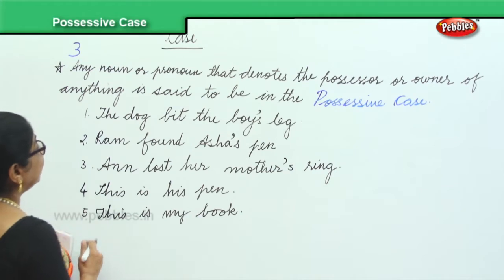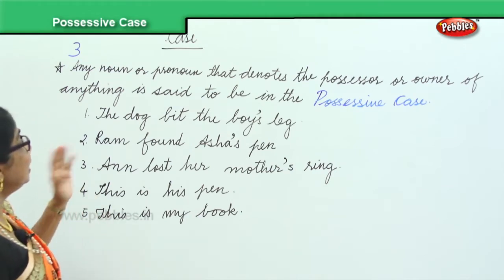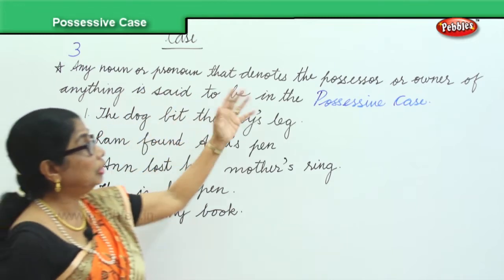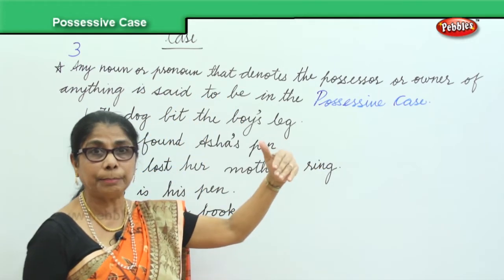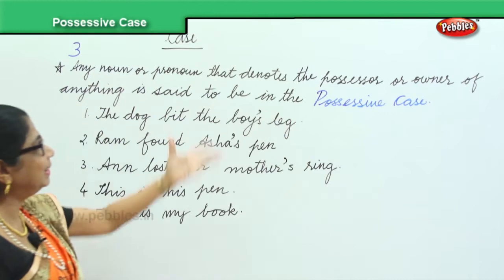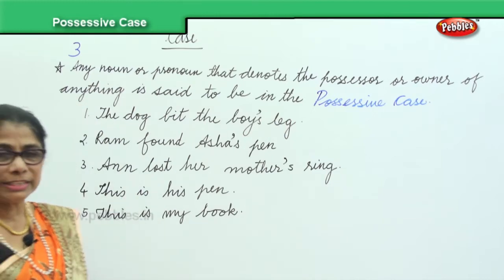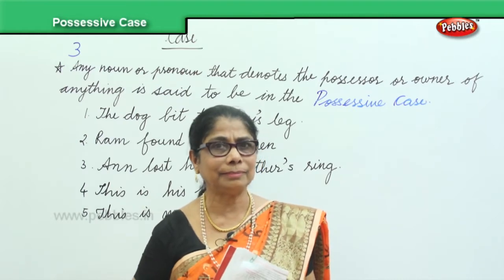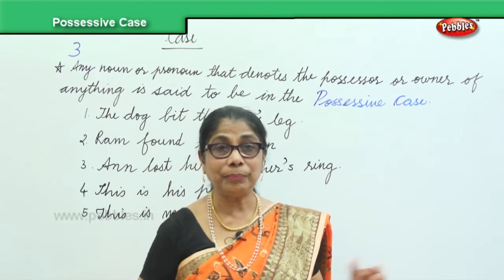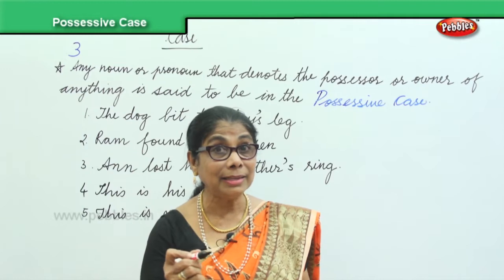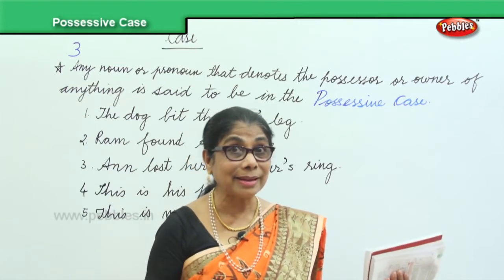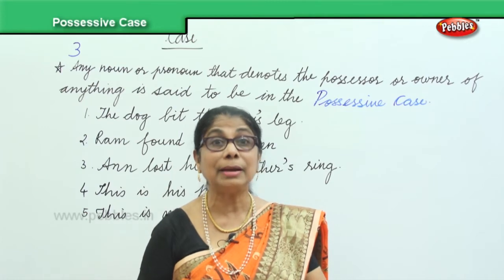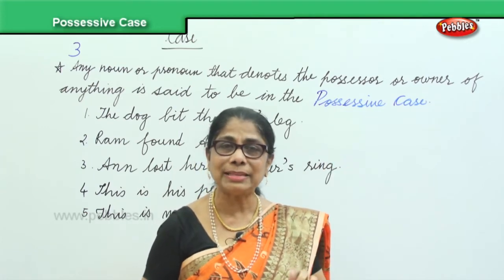You can say any noun or pronoun that denotes the possessor, ownership, owner of anything is said to be in the possessive case. As I told you, this is my book. Mine. This is Kala's pen. Owner is Kala. This book is Mala's. Who is the possessor, owner?